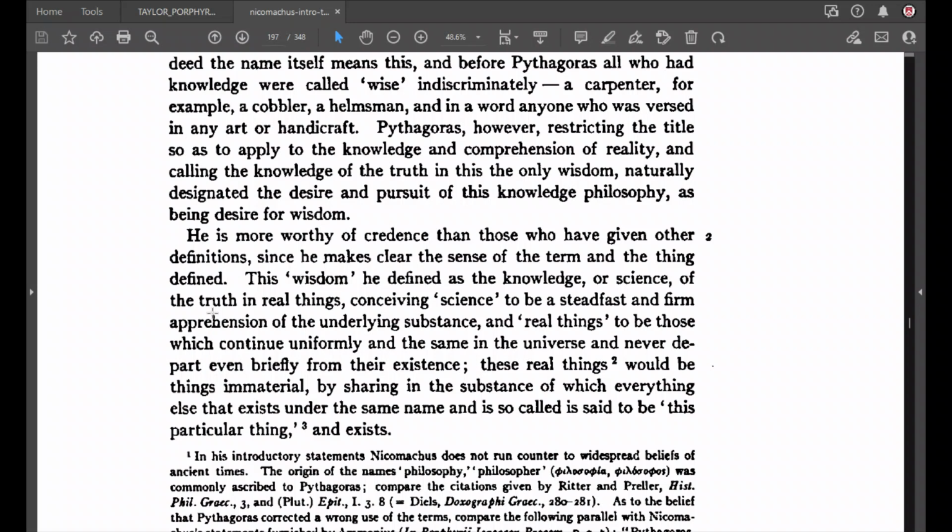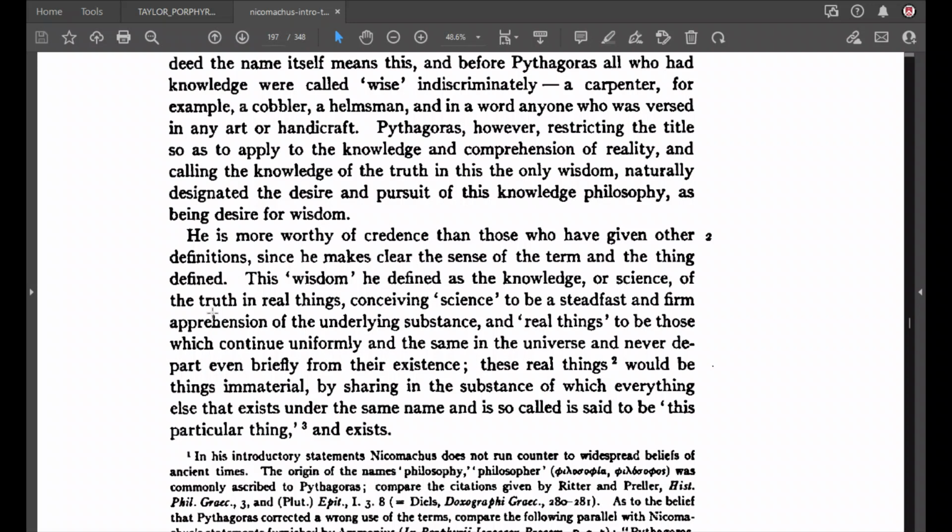Anything that changes is not a real thing. And that doesn't mean change his shirt or change his hair color. That's not what it means. Those are external things. Anything that does not change its underlying substance, actually change what it is, or is changed, that's a real thing.